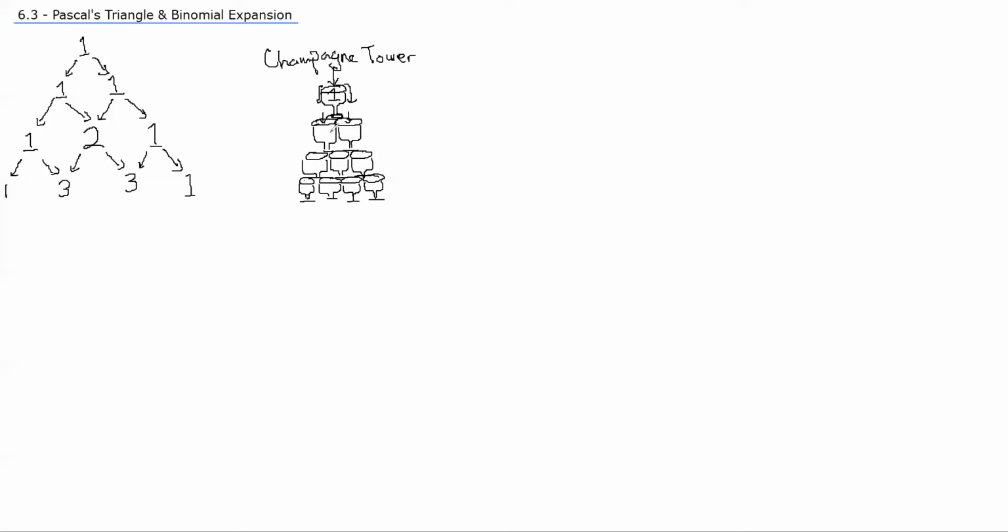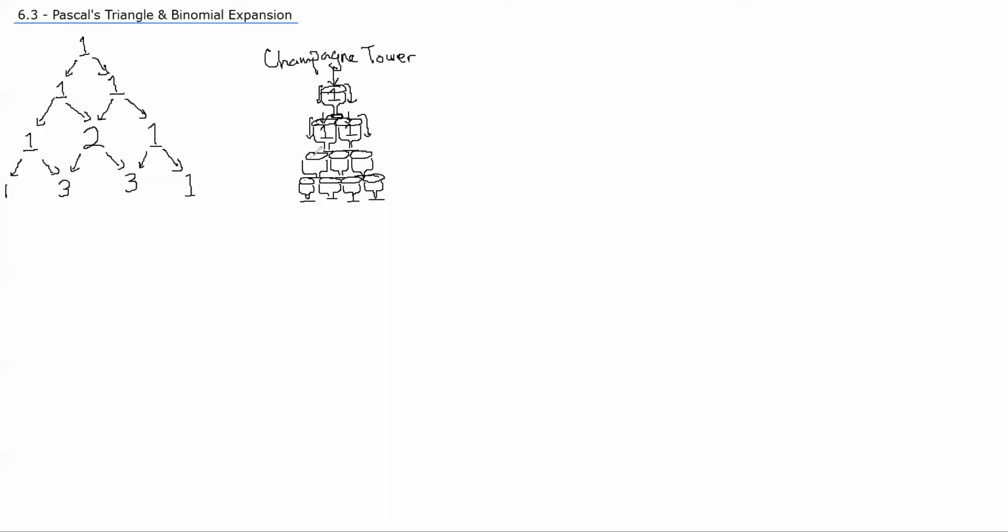I'm going to argue no. So the rate that the left glass fills and the right glass fills are equal. I'm just going to call them 1 and 1.